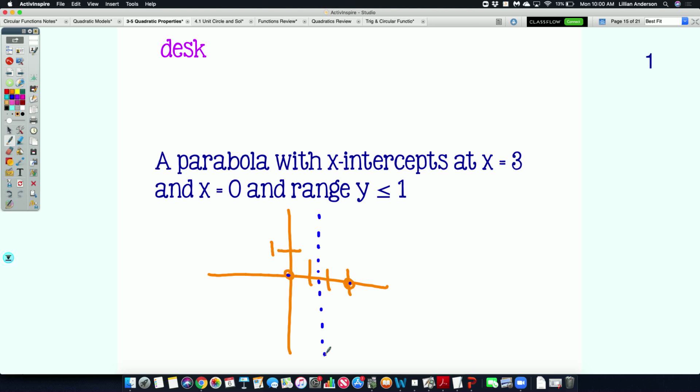So halfway between 0 and 3 is 1.5. And because it has to open down with a range that's less than or equal to 1, your vertex is actually located at (1.5, 1). Do I have enough information to write the function for this one? Yes. I have my x-intercepts, so I can use factored form, and I subsequently found my vertex, so I could use that as well. But we're not going to write the equation for this one, we're going to write the equation for the next one.